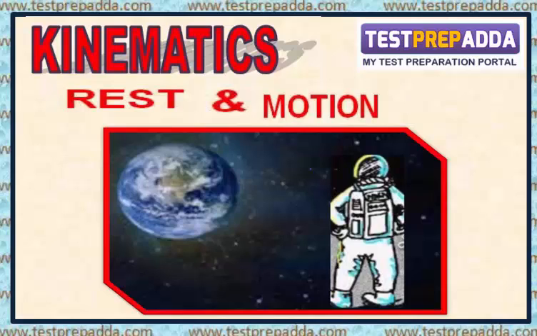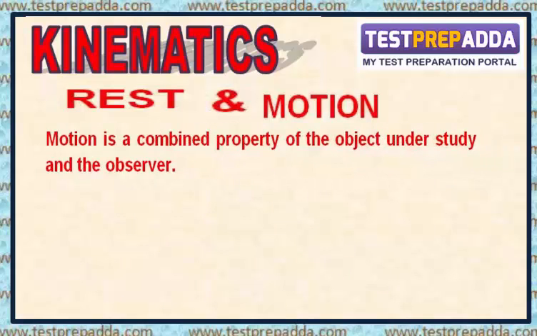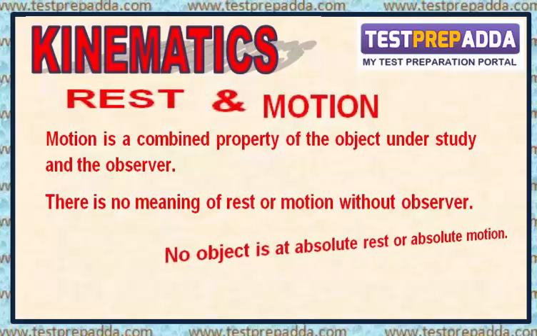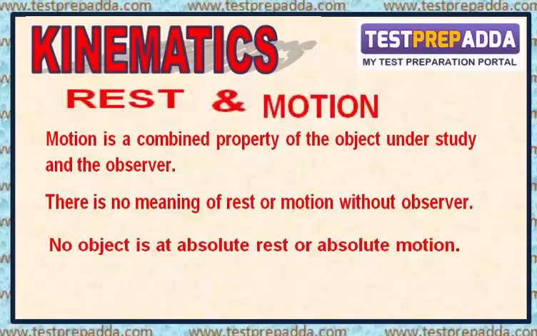You are saying that you are at rest, and a person who is watching you from space is saying that you are in motion. Actually, motion is a combined property of the object under study and the observer. There is no meaning of rest or motion without an observer. No object is at absolute rest or in absolute motion.